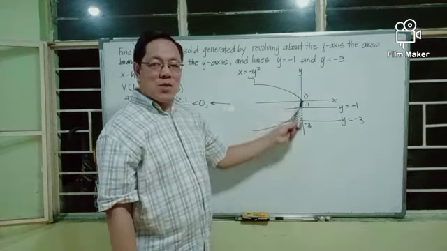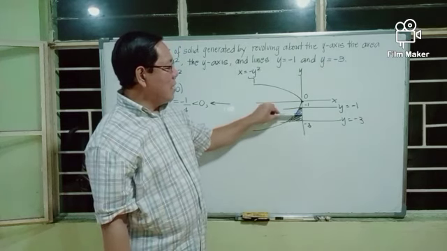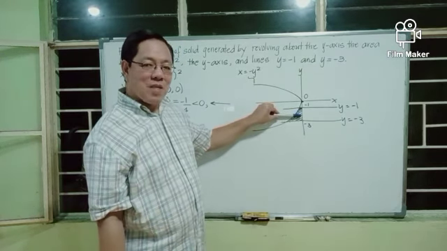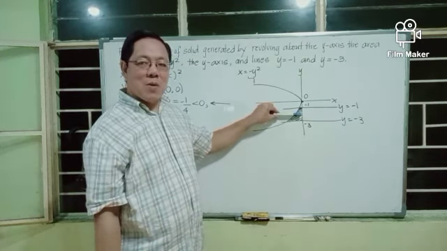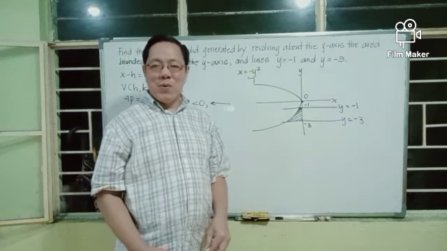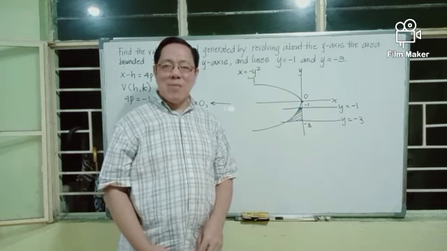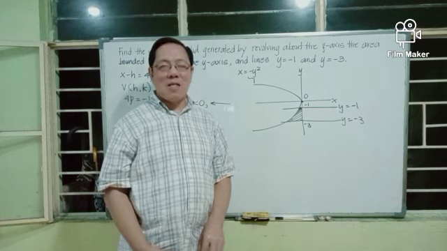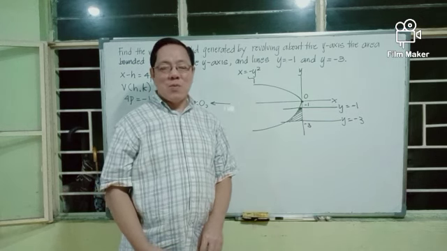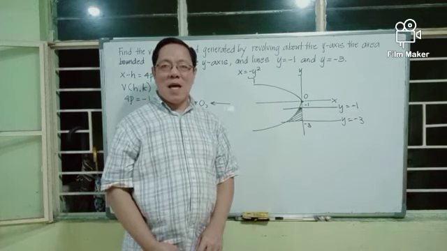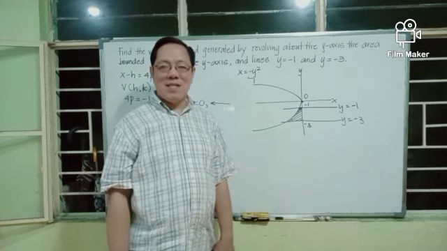Since the axis of revolution is the y-axis, our rectangular element is perpendicular to the axis of revolution. And if you revolve the rectangular element about the y-axis, what you will generate is a disk. And we will find the volume of that disk.